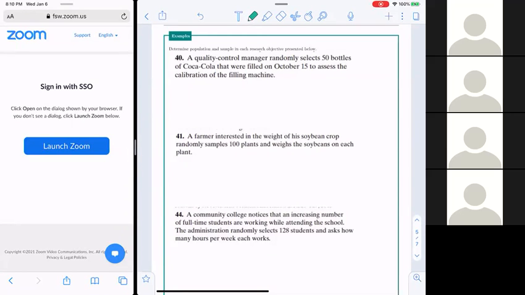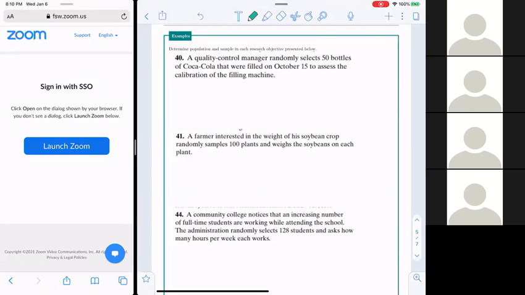So a quality control manager randomly selects 50 bottles of Coca-Cola that were filled on October 15 to assess the calibration of the filling machine. So what do we have here? Do we have a sample or do we have a population? So he selects 50 bottles to assess the calibration of the filling machine.